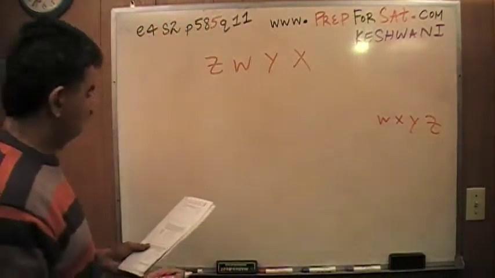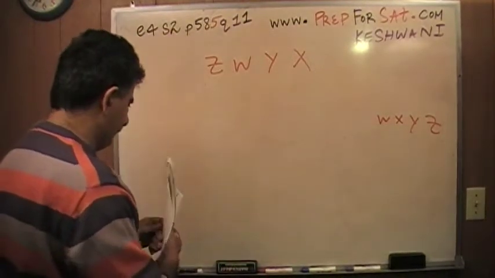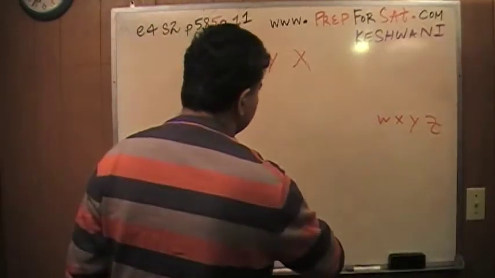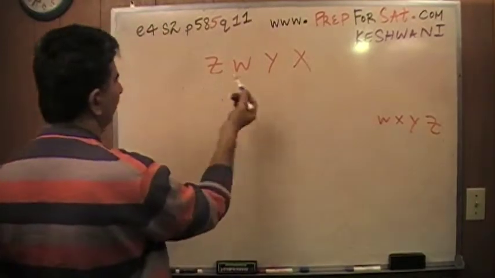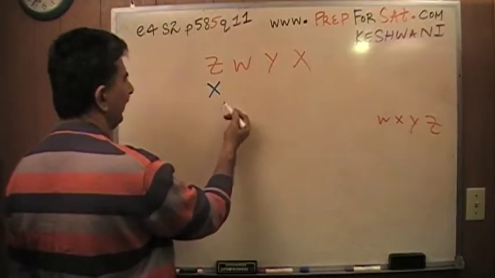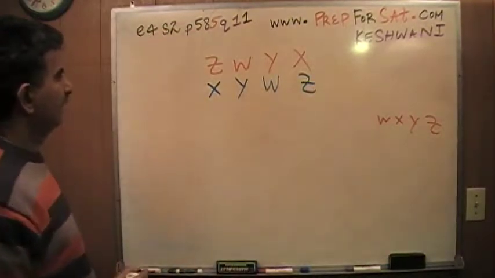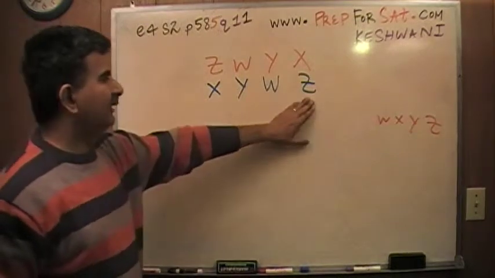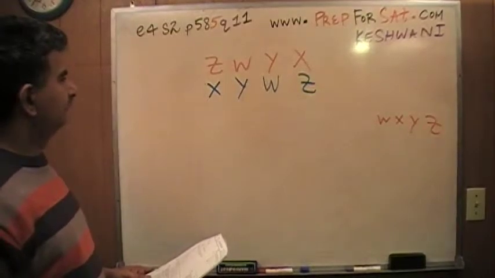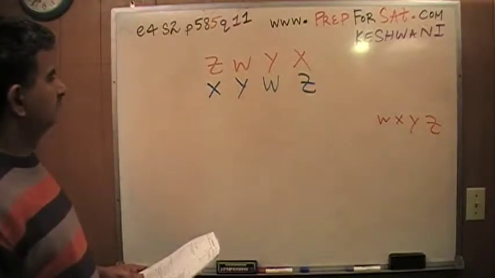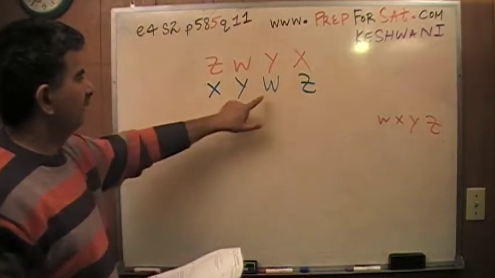Let's see what we can do. I see X and Y here. I'm going to first reverse the entire order. So I'm going to write it as X, Y, W and Z. That puts X in the front that I need and the Z in the back. I need to manipulate these somehow. Well, that's very easy. Just move them around twice and this guy will end up here.